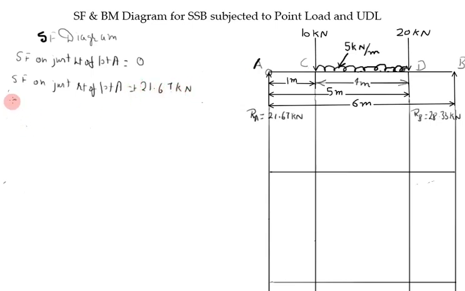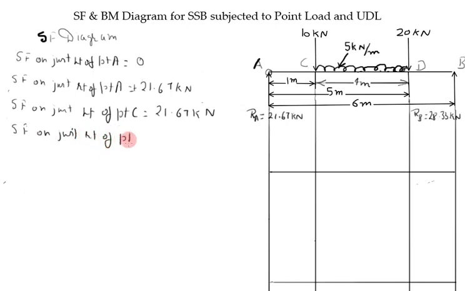The next point is point C. So shear force on just left of point C. Place your finger just left and sum up leftward forces. Again one force is there, 21.67 kilonewton, acting vertically upward. Next one is shear force on just right of point C. So place your finger just right and sum up all leftward forces.